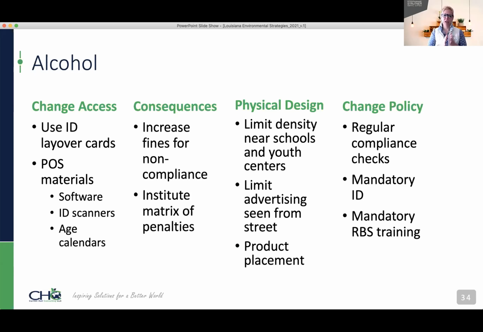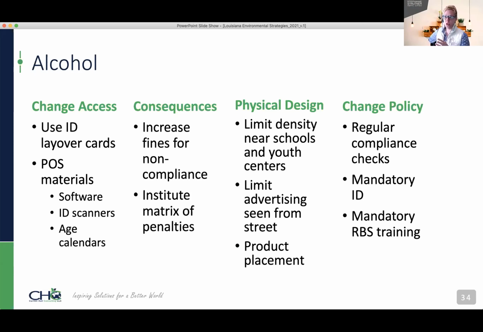Additional point of sale materials like software, ID scanners, age verification calendars, increasing fines for non-compliance, having a matrix of penalties to where the penalty scales up with each successive failure, for example, in an alcohol compliance check, limiting density near schools and youth centers. This is something that's come up in our conversation today already. Limiting advertising that's seen from the street.